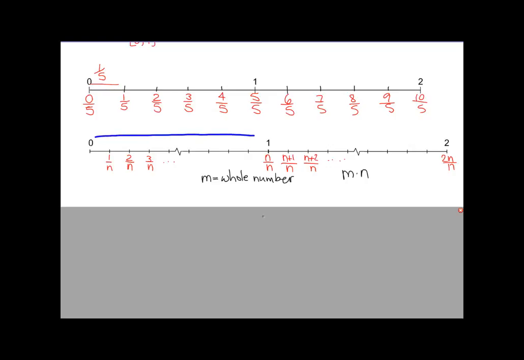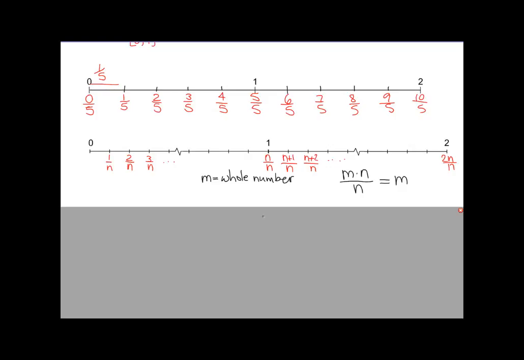Here's one whole number, two whole numbers. If we go up to m of those, each of them has n segments. We'll have m times n segments, and each of those segments is a 1/n segment, and we get that this expression, m times n/n, will be the same as the whole number m.